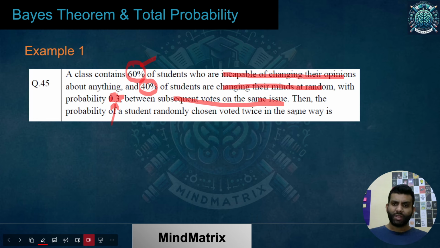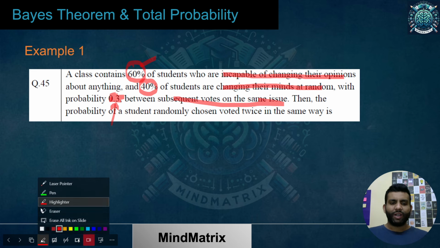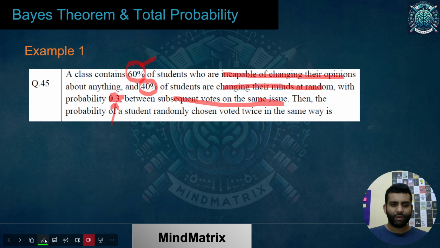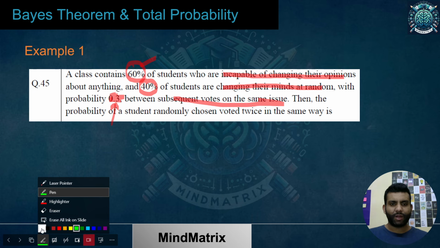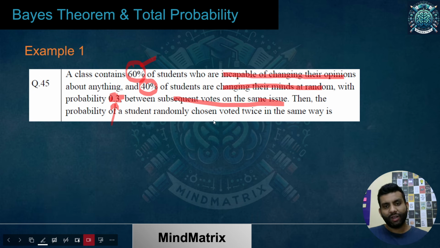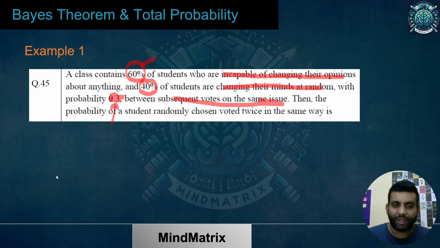Then what do we need to calculate? We need to calculate the probability of a student randomly voted twice in the same way. Voted twice, two times, basically one and the same thing.